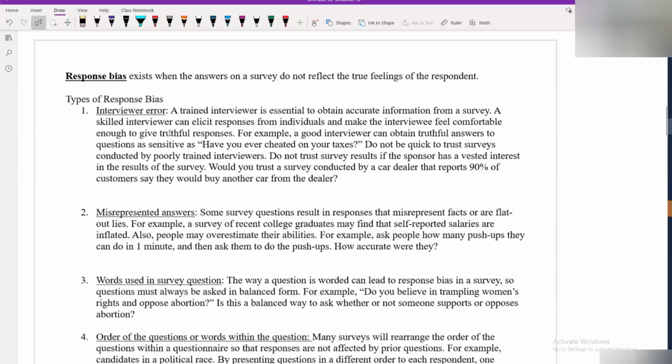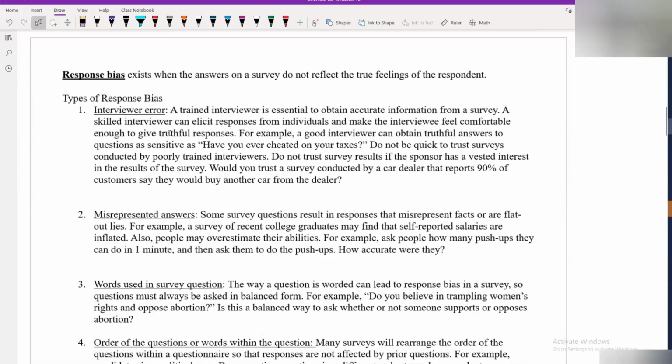A trained interviewer is essential to obtain accurate information from a survey. A skilled interviewer can elicit responses from individuals and make the interviewee feel comfortable. If the interviewer were not able to communicate well with the interviewee, the other person may think it's better not to be honest, or the way they answered the questions is not what they actually wanted.